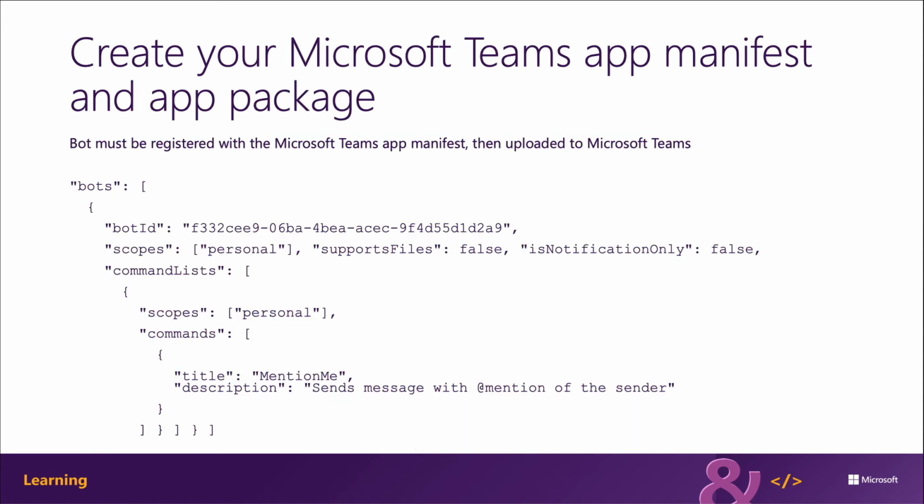The following JSON is taken from the app's manifest for the bot that you'll create in the next few demos within this module. The bot defines a new command, mention me, that is displayed to users who want to interact with it. Listing all the supported commands isn't required, but it does make your bot more user-friendly. The last step is to create the Microsoft Teams app package and upload it to Microsoft Teams. Once this is done, users can begin to use your bot.